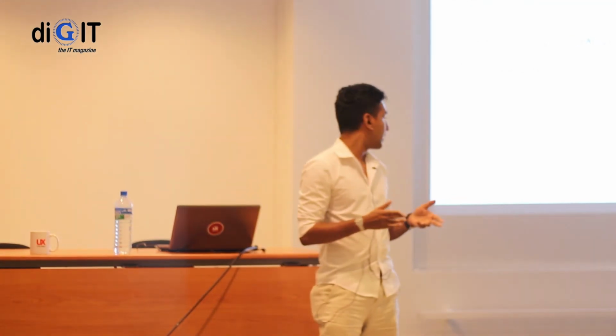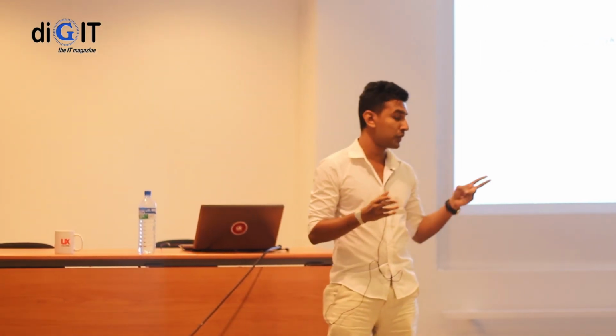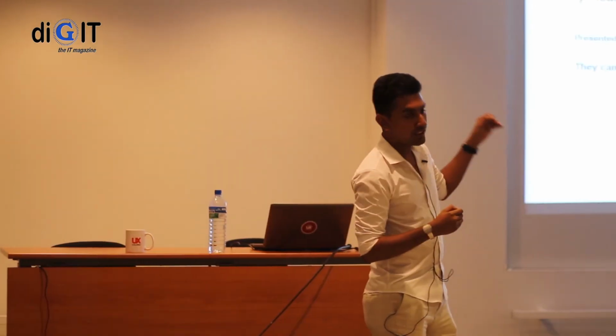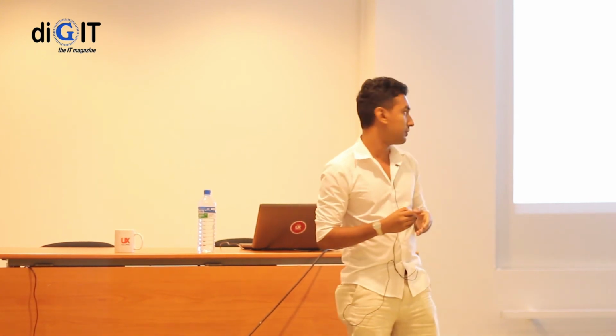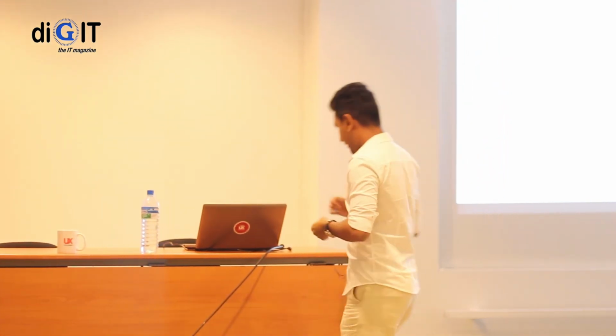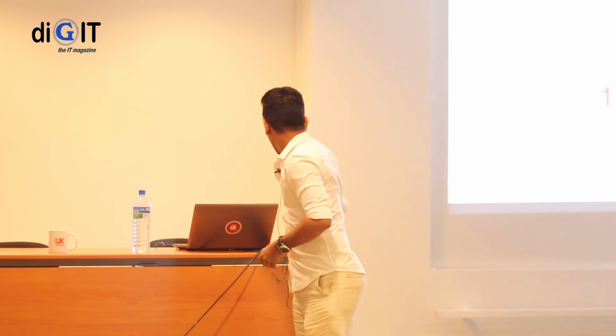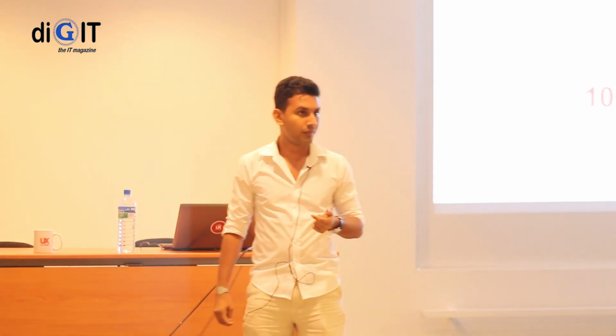Now these heuristics were introduced by two people, Jacob Nielsen and Rolf Molich, in 1990. You guys will think that this is kind of outdated, but to be really honest, the applications that we see at present don't even meet some of these heuristics, and they fail in their usability. These two gentlemen came up with 10 heuristics, and I'll be going through each one of them by showing you an example.